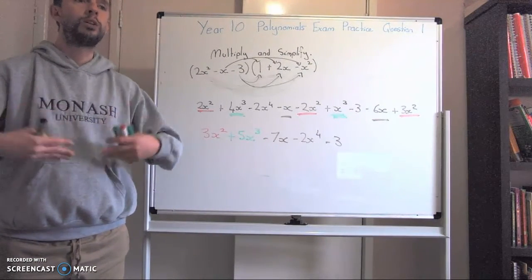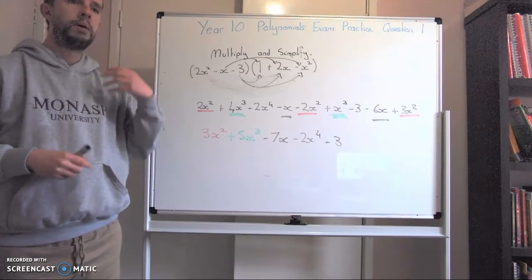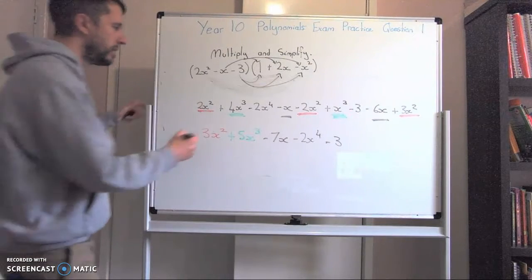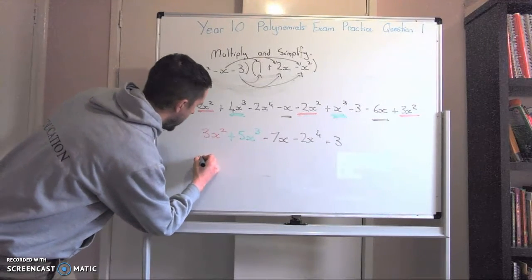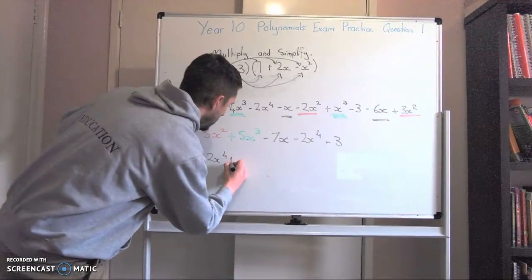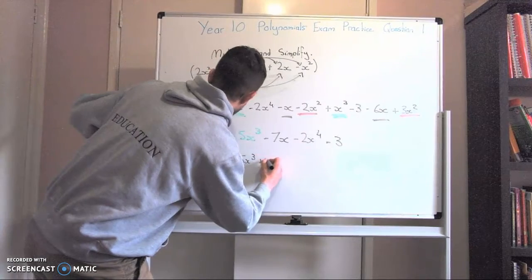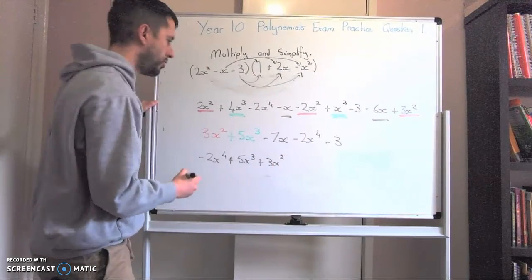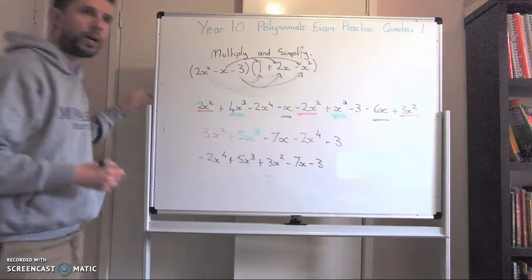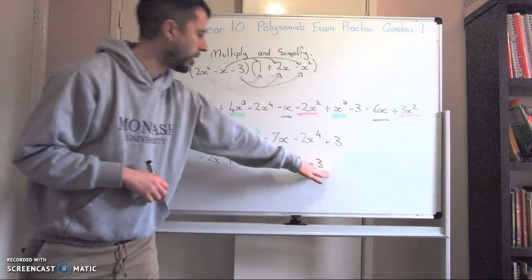If I want to write it correctly, I need to make sure that the degrees in each of the terms start off at the highest. So technically I should write it as negative 2x to the power of 4 plus 5x to the power of 3 plus 3x to the power of 2 minus 7x minus 3. Again, I am starting from the highest power and working down to the lowest.